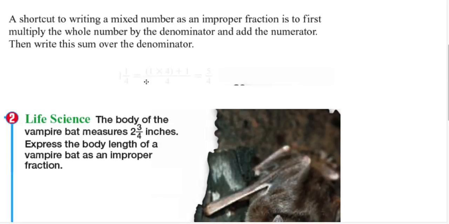If you have 1 and 1/4, all you need to do is multiply 1 times 4 first, and then add the 1. Multiply by the denominator, add the numerator, you get 5/4. That is how you write a mixed number as an improper fraction without using models.